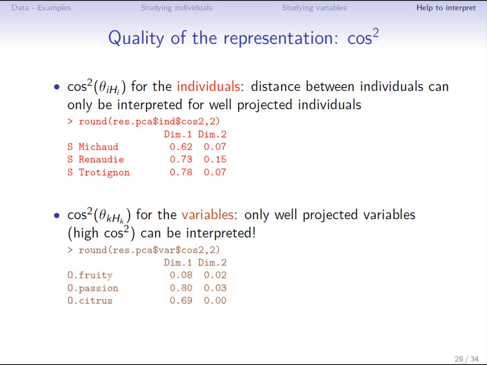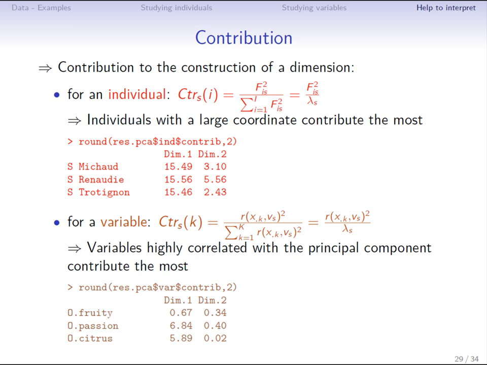The contribution to the construction of a dimension is another criterion. It can be calculated for a variable or an individual. The contribution of a variable is the square of the correlation coefficient between the variable and the dimension, divided by the sum of squared correlations between all the variables and the dimension.